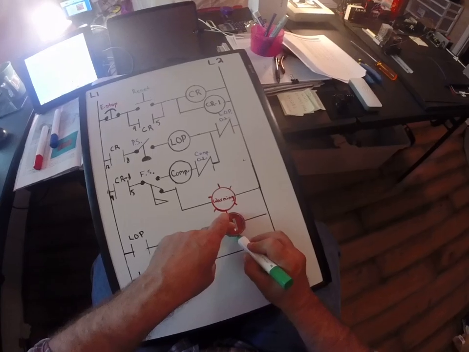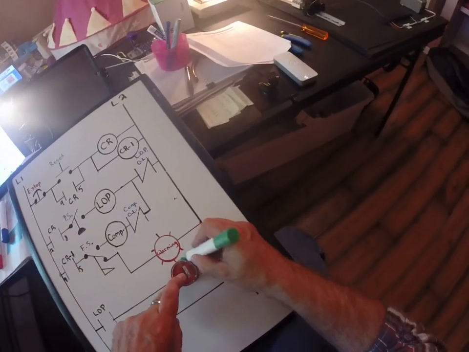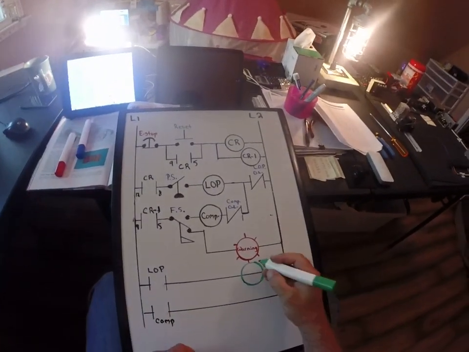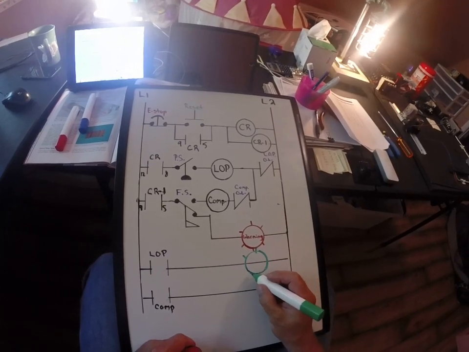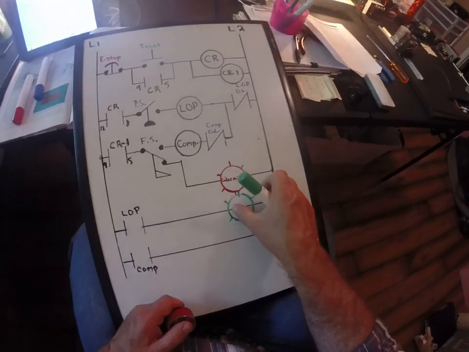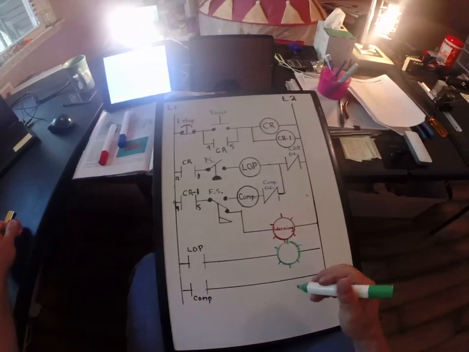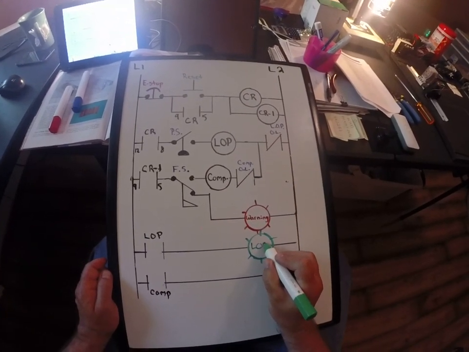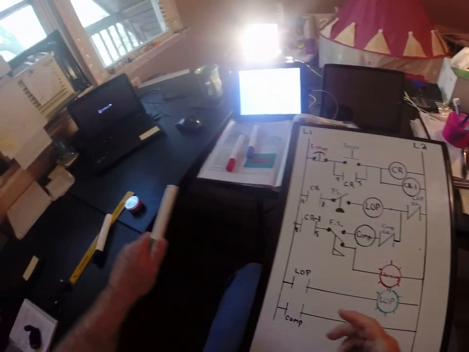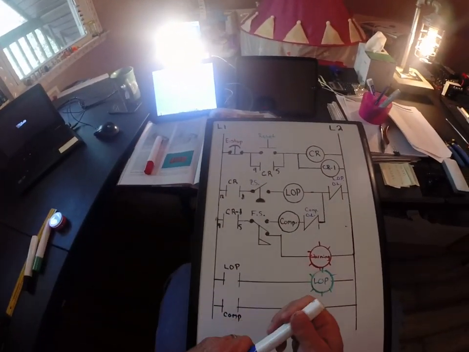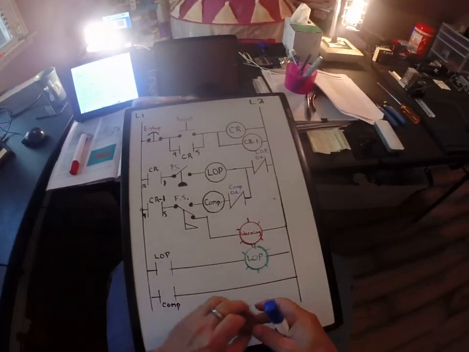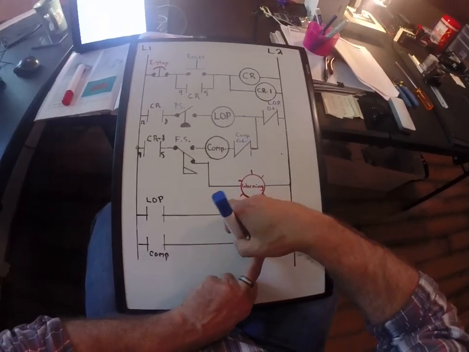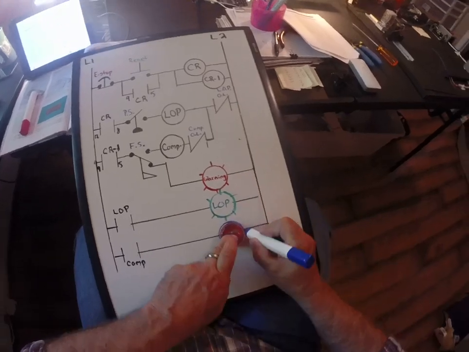Oops, excuse me on that. A little bit messy. We'll add a green light. This green light will represent lube oil pump is running, which is just to give us an indication. And we could certainly do blue, I guess, because that's the only color I have left.